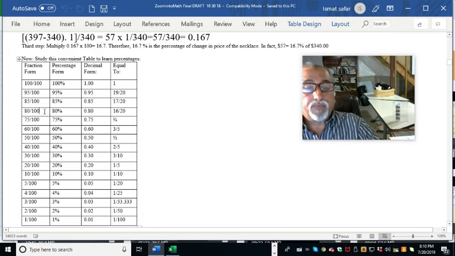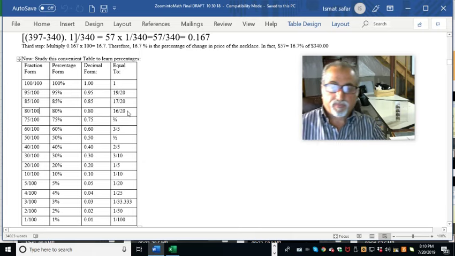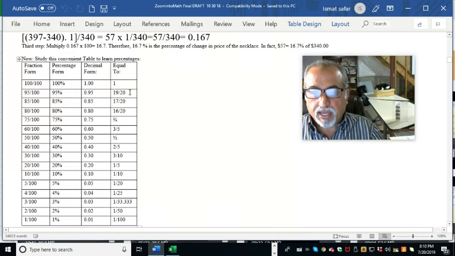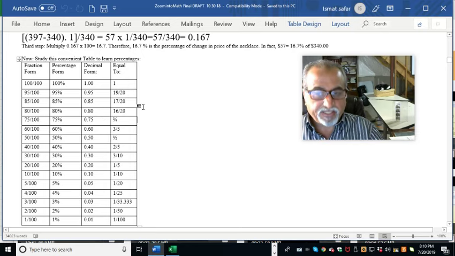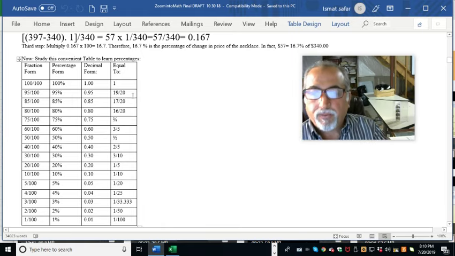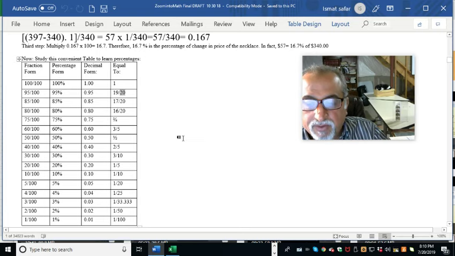So 80 of 100 is 80%, which is 0.80 in decimal form, which is 16 of 20, as an example. It's not always that 80% is 16 of 20; it's different when the numbers are different. When the base is 20, it's different.